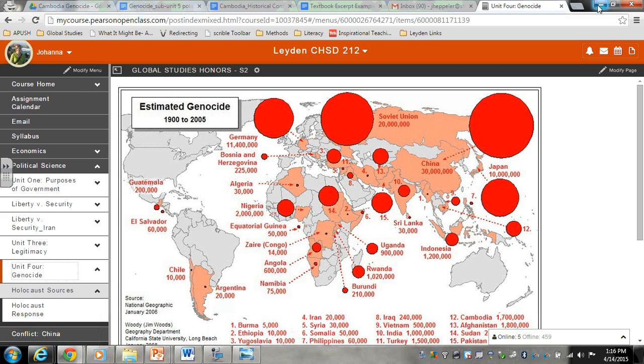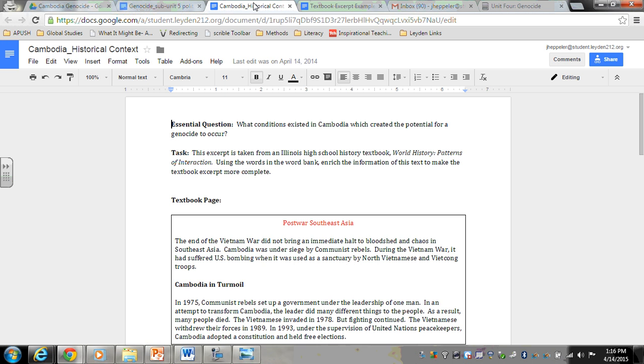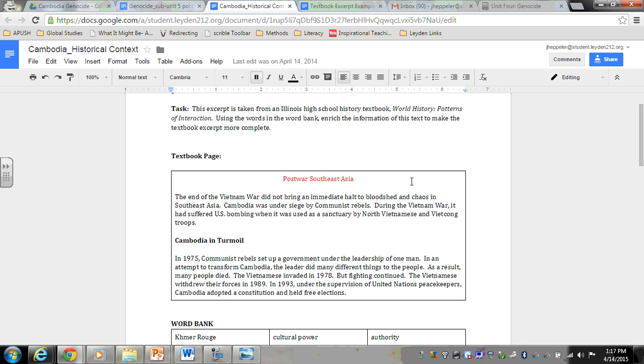To do that, you are going to be working with this exercise. The essential question, as you see here, is what conditions existed in Cambodia which created the potential for a genocide to occur? Your task is to take a look at this excerpt from a textbook that we use here at Leiden.